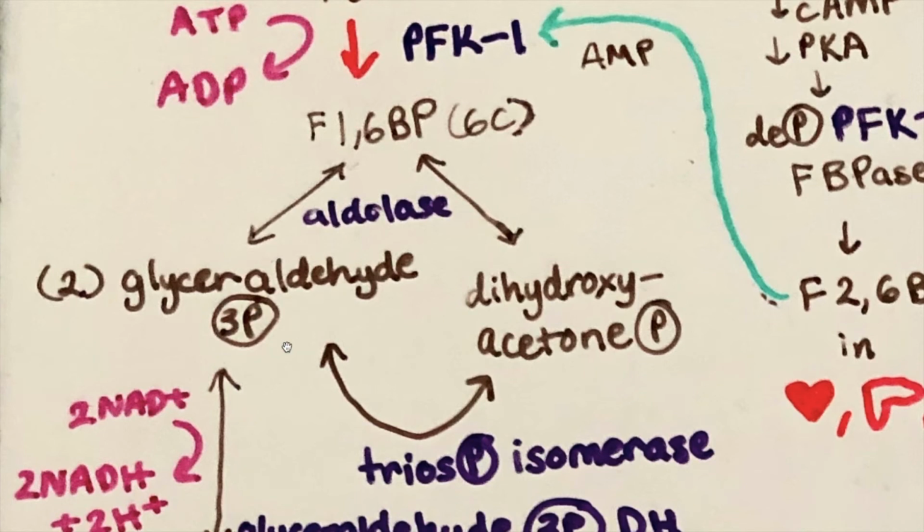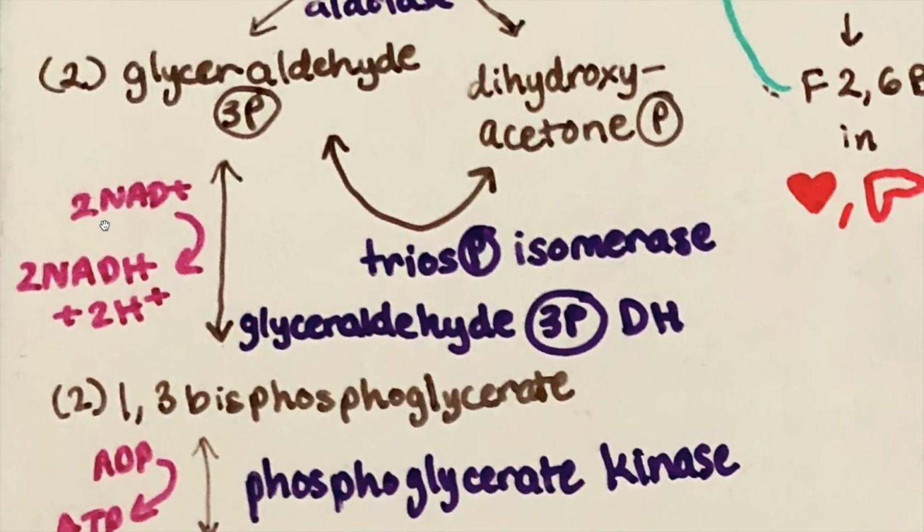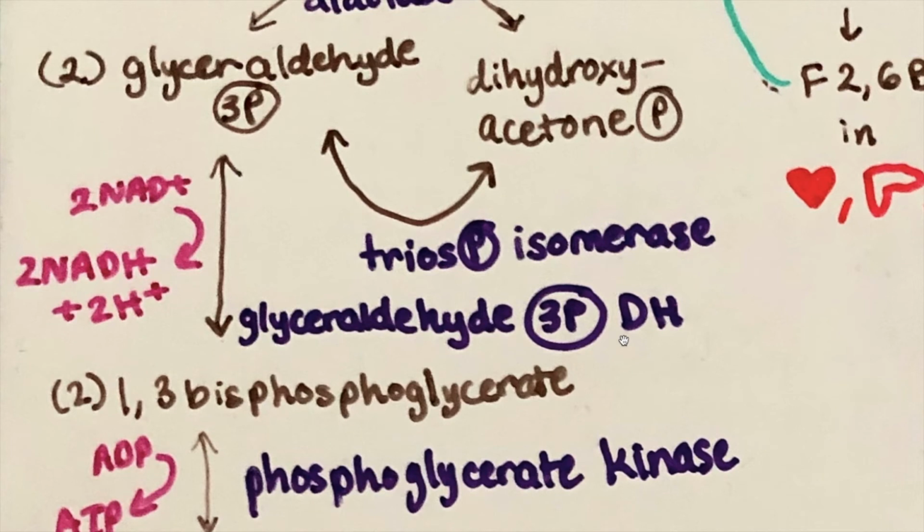using glyceraldehyde 3-phosphate. In the next step, 2 NAD plus becomes 2 NADH plus 2 H plus overall. And glyceraldehyde 3-phosphate becomes 1,3-bisphosphoglycerate. And again, 2 of these 1,3-bisphosphoglycerates are made via the enzyme glyceraldehyde 3-phosphate dehydrogenase. This step can be inhibited by arsenate.